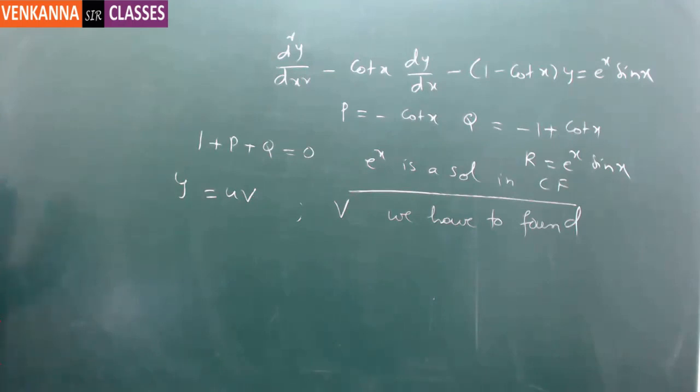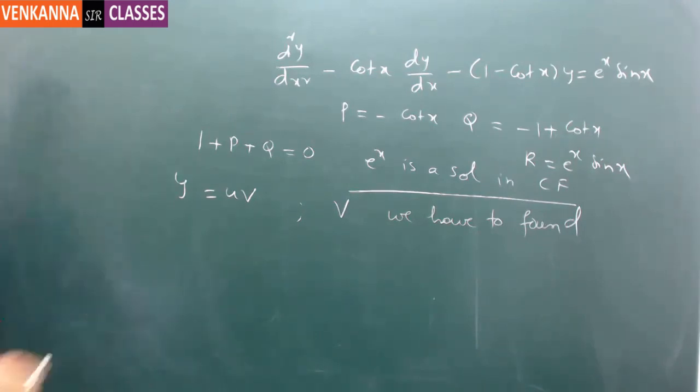Let us take u is equal to e power x, y is equal to uv is the general solution, where v is another solution which is to be determined. We have to mention that. Otherwise, the examiner won't know which methodology we are applying. I mean, the evaluator.